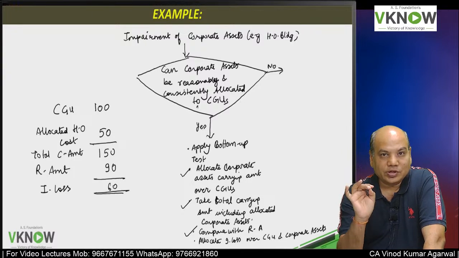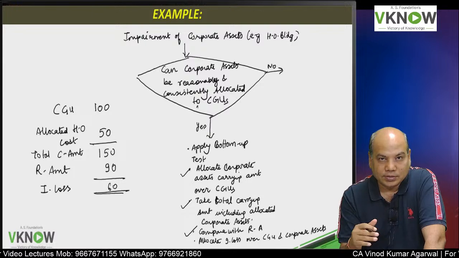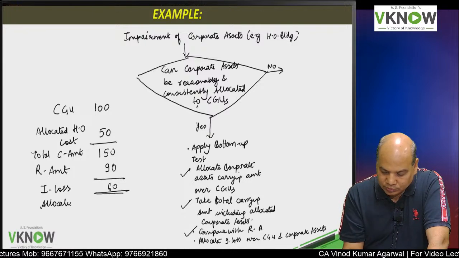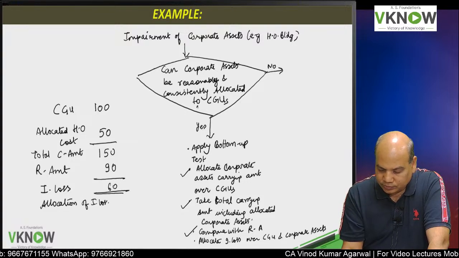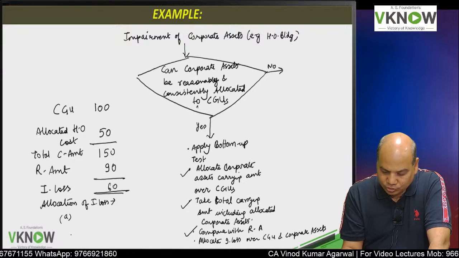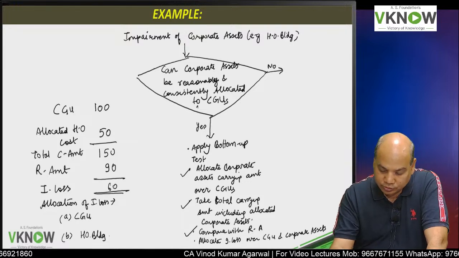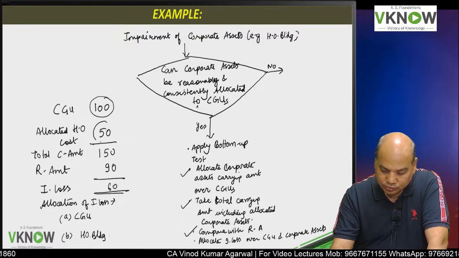Up to this it is similar to goodwill, but the allocation will be different. Now allocation of impairment loss. We are going to allocate it to both the CGU and the HO building also. HO building is a corporate asset. In what ratio?